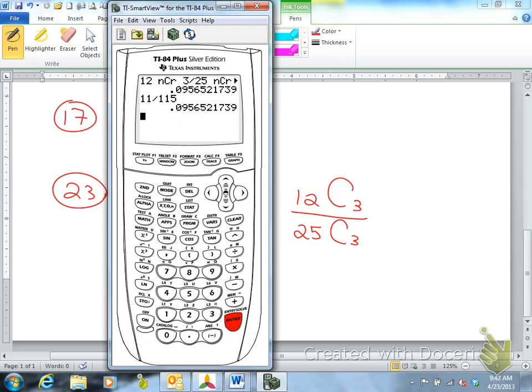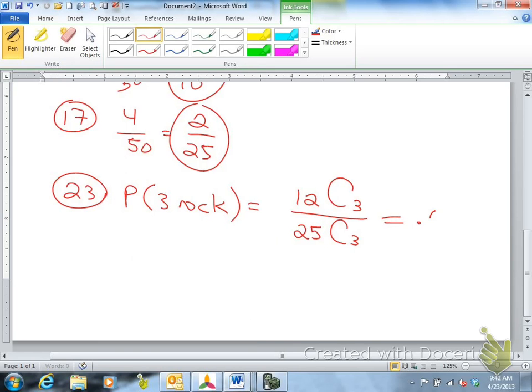On our calculator, using combinations, the answer would be 0.096, and the back of the book gave the fraction. I will accept the decimal, but the fraction answer is 11 divided by 115. So the answer is probability 0.096. That was for number 23.